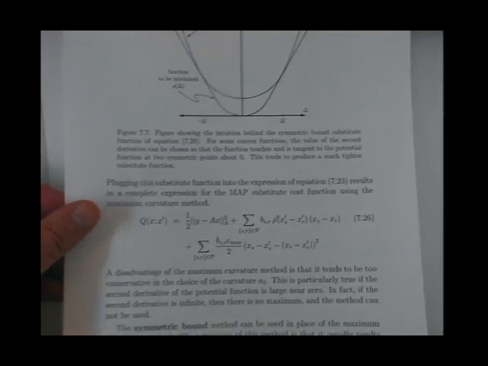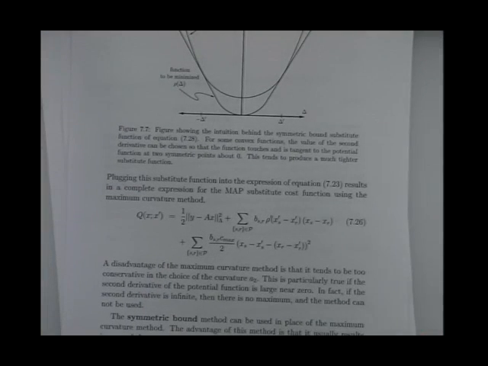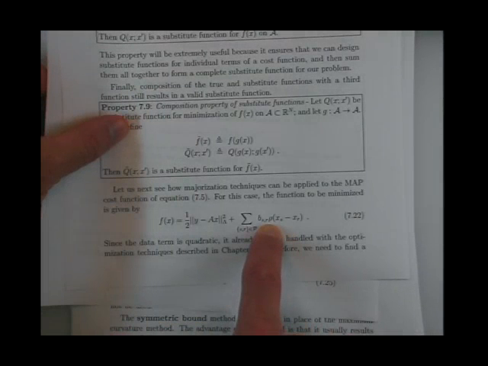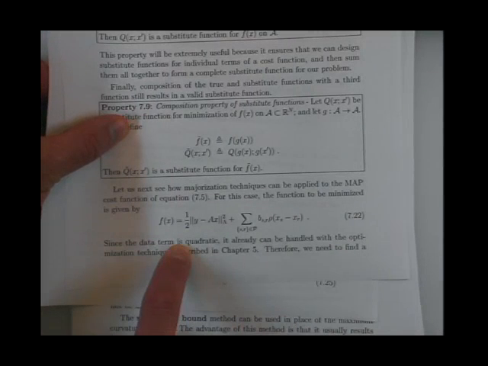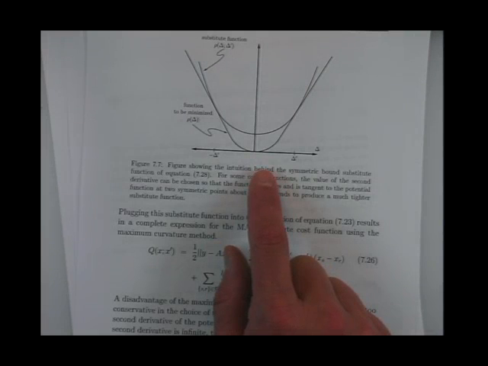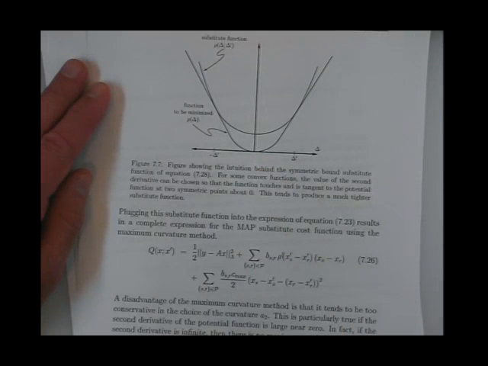So the thing is, remember I got you to agree to the idea that if we have a substitute function for each individual row, and we add them all together, we get a substitute function for the whole thing. Figure 7.7 is a substitute function for just one of the rows.